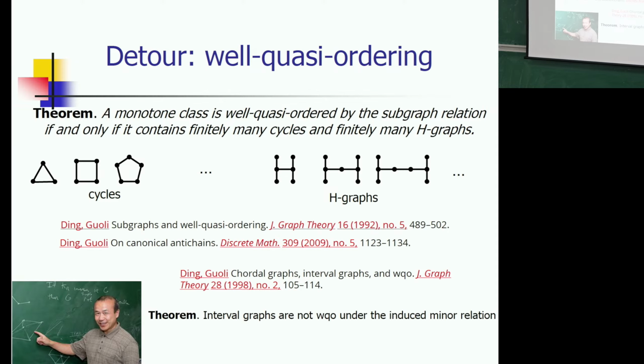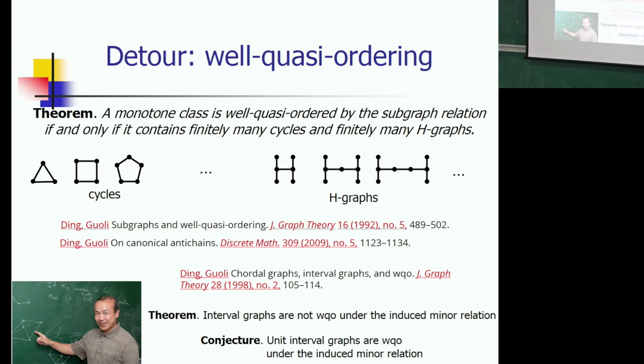And I have a conjecture, which I believe is interesting, stating that if we restrict ourselves to unit interval graphs, then this class will be well quasi-ordered with respect to the minor relation. I have some motivation supporting this conjecture, so if you are interested, I am happy to discuss it.